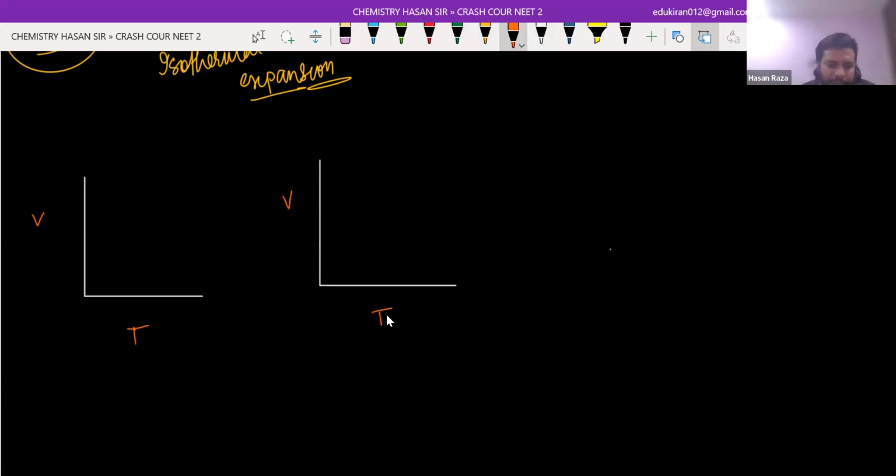So the graph starts from here first, and there is another graph for this again. Now the graph is between volume versus temperature.